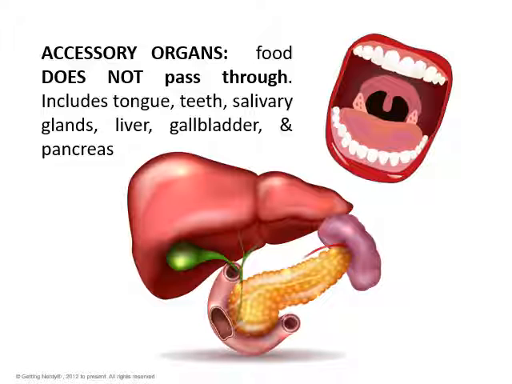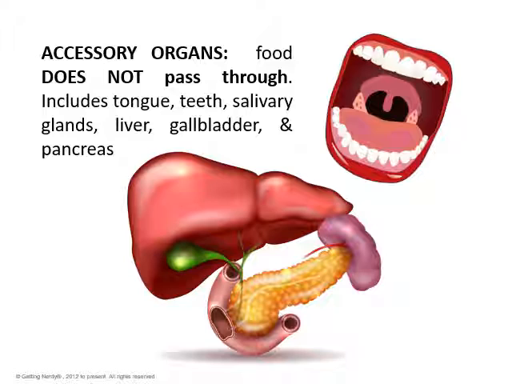During digestion, our bodies rely on accessory organs to aid in the process, but are not part of the digestive system. Accessory organs include the tongue, teeth, salivary glands, liver, gallbladder, and pancreas. Food does not pass through any accessory organ.